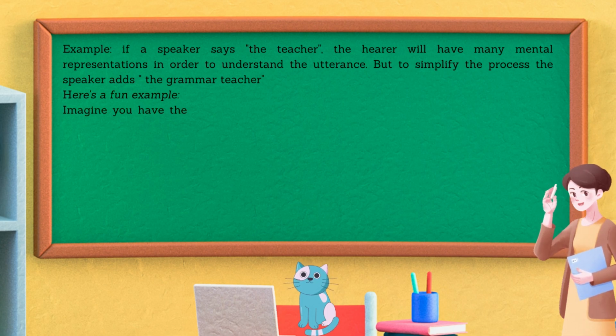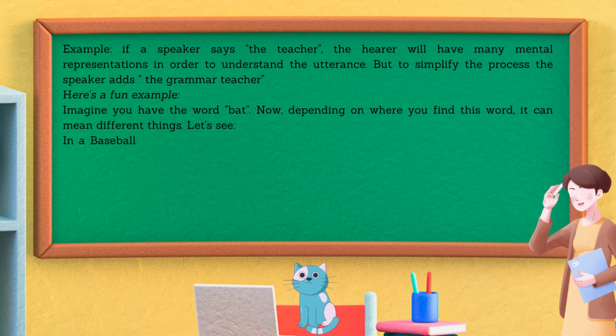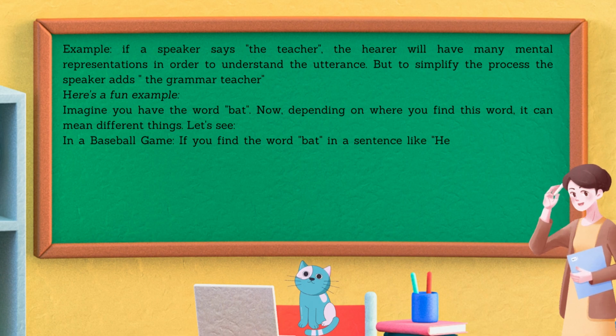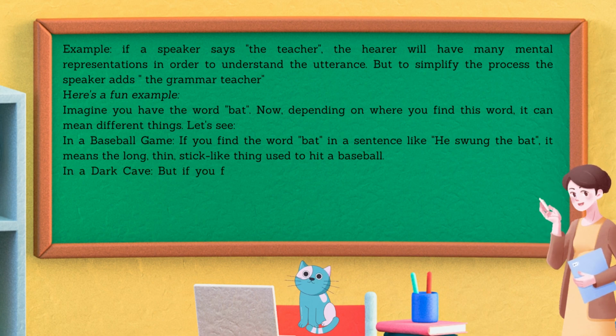So here is another fun example. Imagine you have the word "bat." Now, depending on where you find this word, it can mean different things. Let's see. In a baseball game, if you find the word "bat" in a sentence like "he swung the bat," it means the long thin stick-like thing used to hit a baseball.